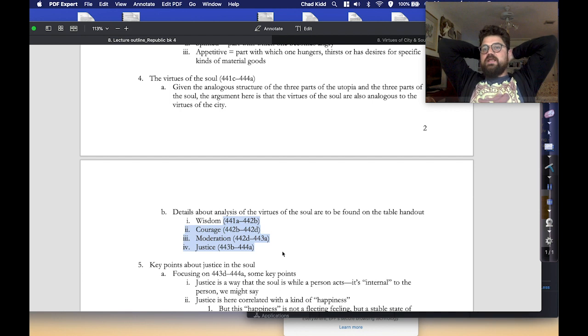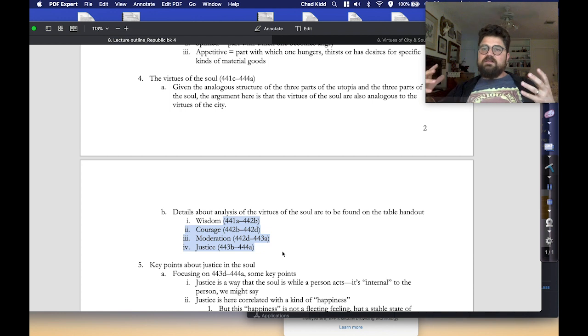Moderation, again, remember the way I characterized it earlier, it's whenever you can control your soul with regard to the pleasures of the body, right? It's whenever you can enjoy the pleasures of the body with complete self-control, where you are not inclined to overindulge or underindulge in these pleasures, which means that the appetitive part of the soul is in complete agreement that the rational part should rule.